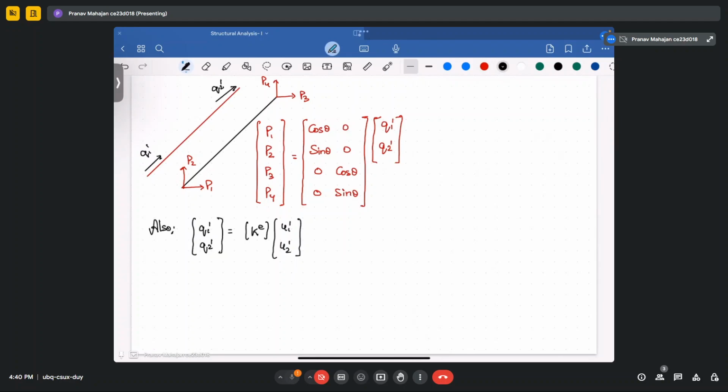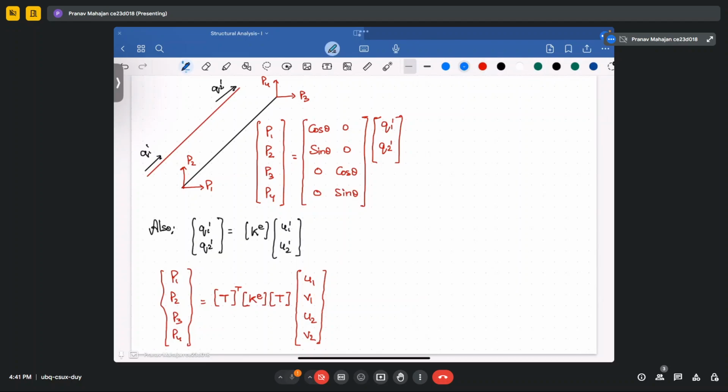So substituting the values of Q1 and Q2 in the previous equation, you will get P1, P2, P3, P4 equal to this matrix transpose, that is the first matrix, multiplied by Ke, the element stiffness matrix, multiplied by the transformation matrix T, and then by U1, V1, U2, V2.